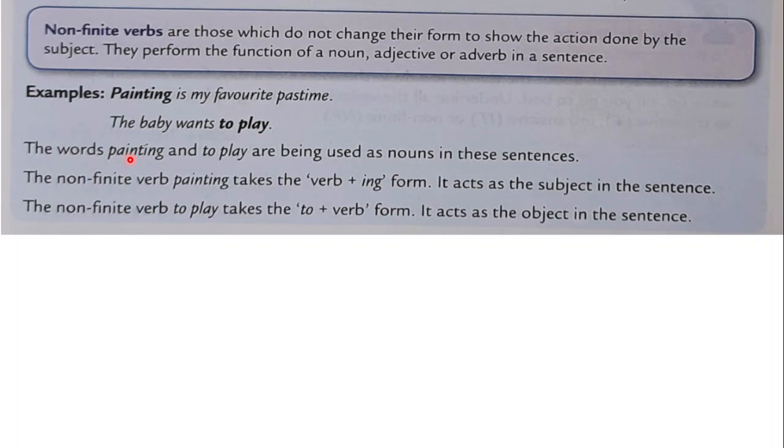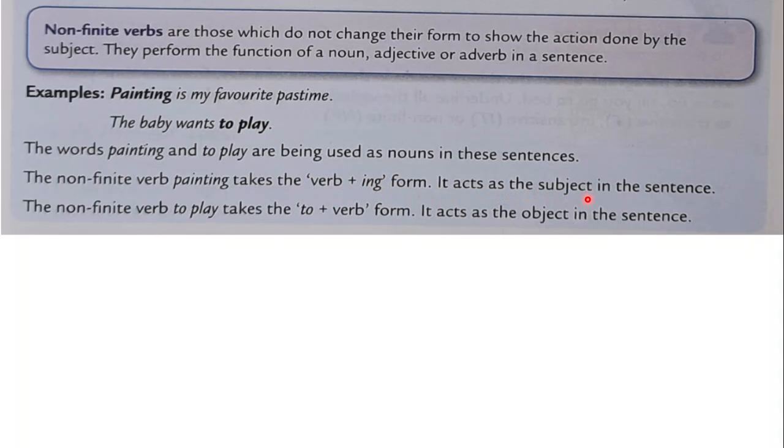The words "painting" and "to play" are being used as nouns in these sentences. The non-finite verb "painting" in the first sentence takes the main verb paint plus the ing form: paint plus ing, painting.